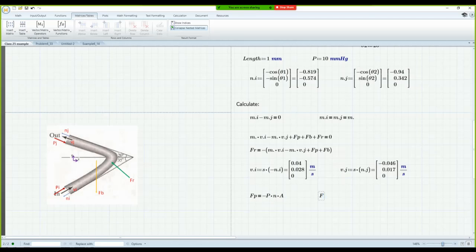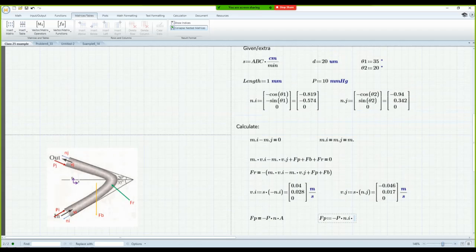So let's do, pressure force is going to be equal to minus Pi, which, they're both the same, so it's just P, times, now you'll notice that Ni and Pi are in opposite directions. That's why there's this minus here, because pressure is always opposite the N. So this minus P is so that we can multiply by Ni, and then times the area.